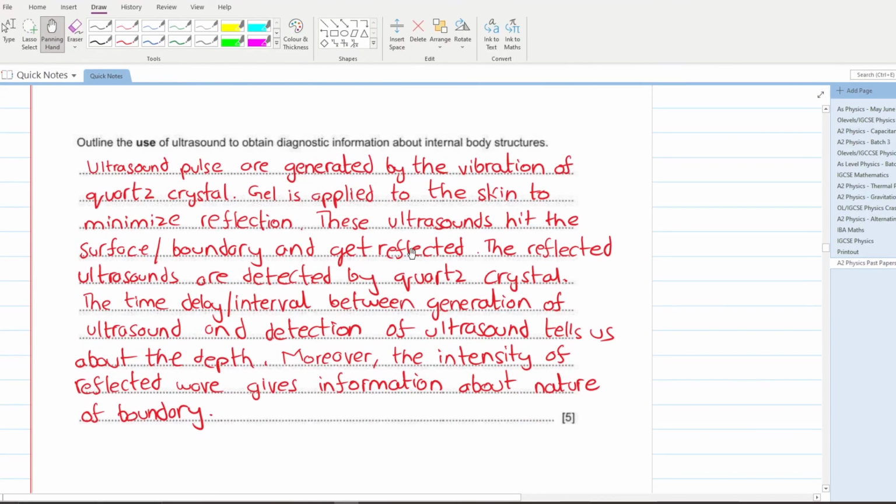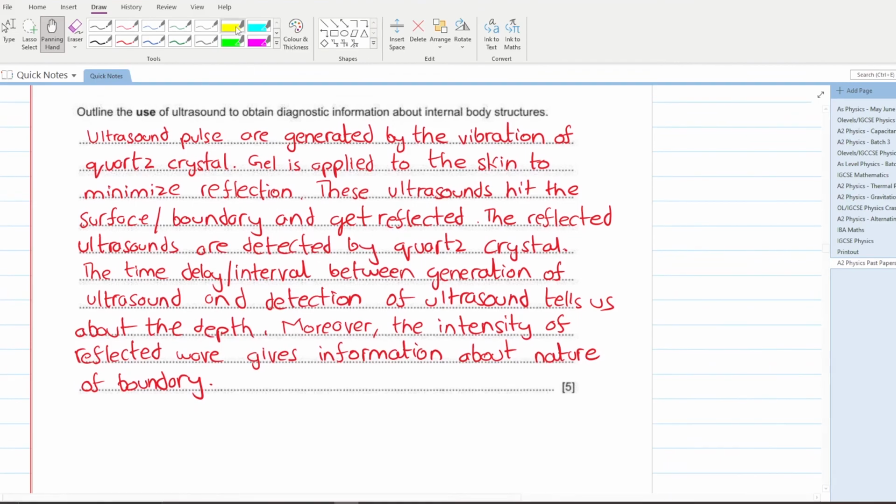I have already written this answer for you guys so that the time doesn't get wasted. Let's read out this question and this answer. Outline the use of ultrasound to obtain diagnostic information about internal body structures. So how are ultrasounds used to obtain information about internal body structures?